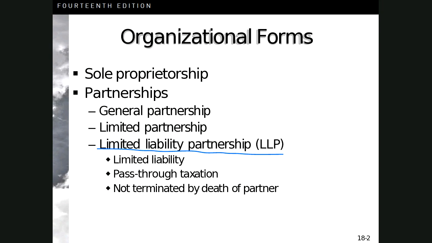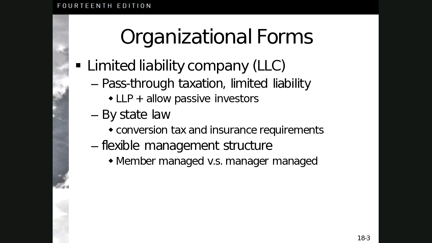Okay, so if you're a limited liability partnership, LLP, then you have limited liability, apparently. You have pass-through taxation, so you don't have two different levels. You only have one level at the income level. It's not terminated by the death of a partner. So if anybody dies, it's not the same.